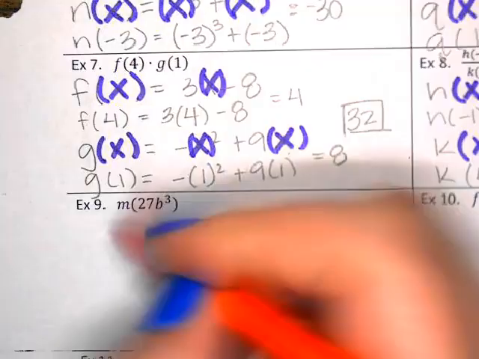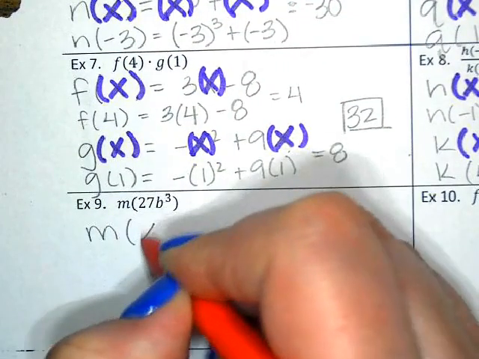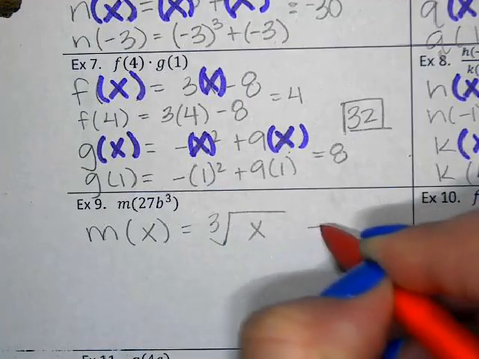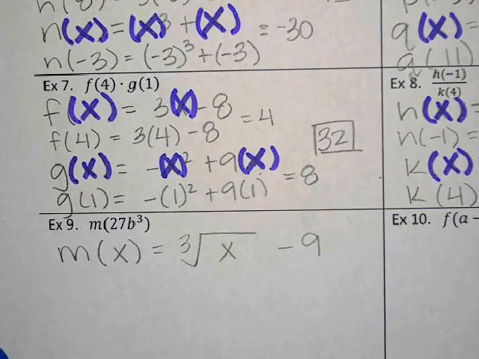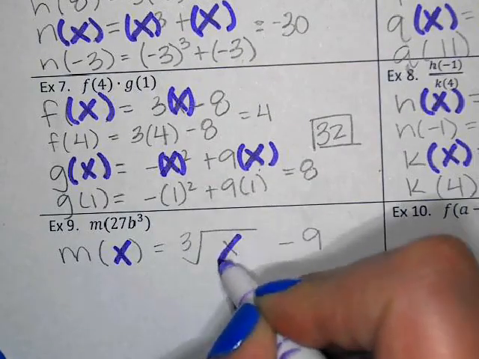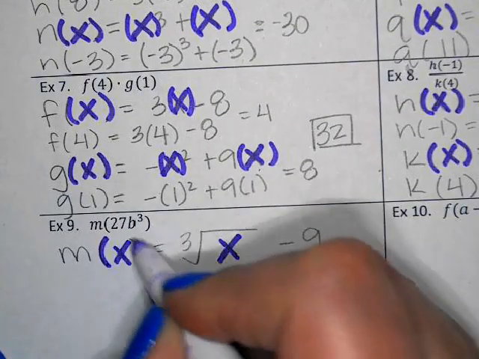Okay. And then I'm going to write down where I'm going to plug my stuff in. It's going to go right here. And the stuff that I'm going to plug in is 27b to the third.